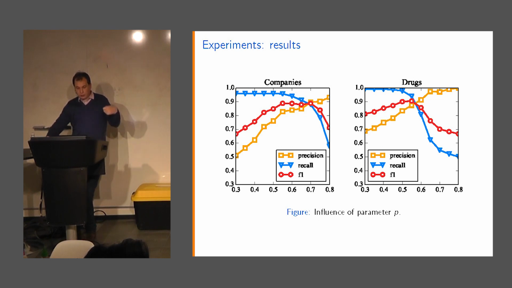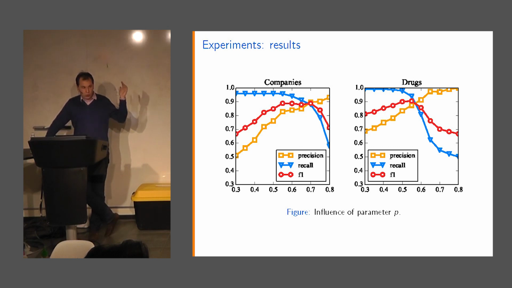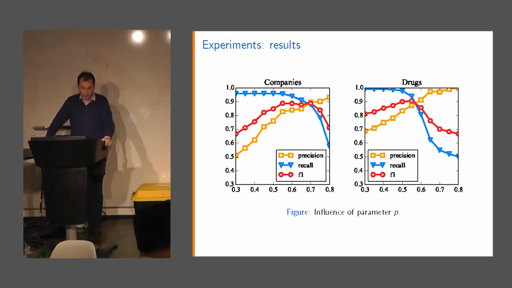And here are some curves to show the influence of the parameter P. When the parameter P increases, we tend to classify more and more potential named entities as other, and so the recall will drop, but the precision will increase. And that's what you can observe here.